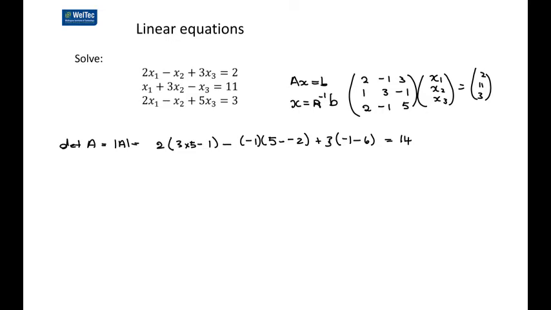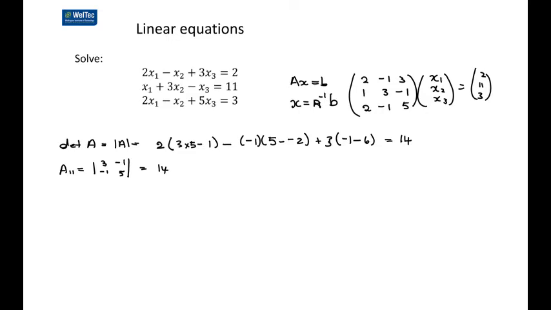Now we'll work out the cofactors. A11 is the determinant of 3, negative 1, negative 1, and 5, which is equal to 14.